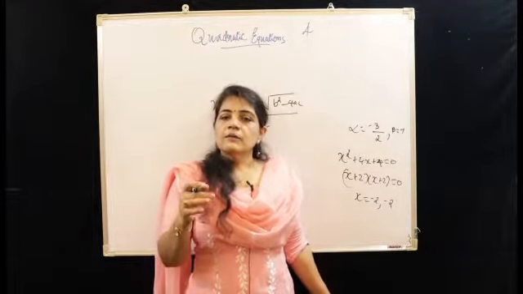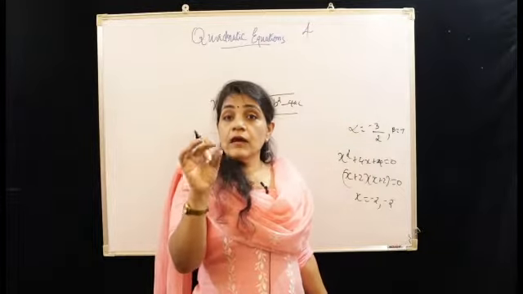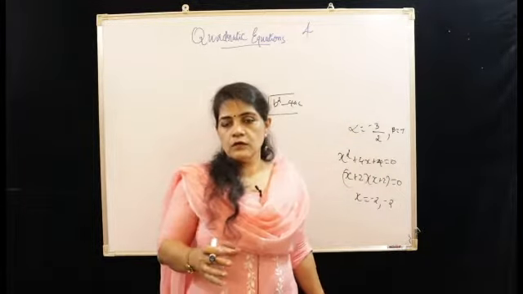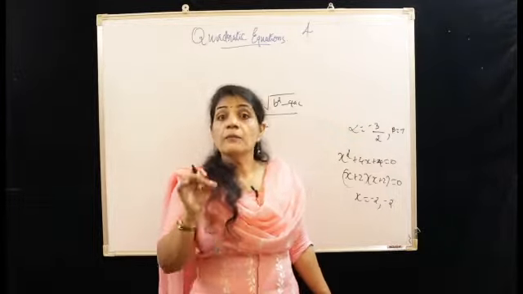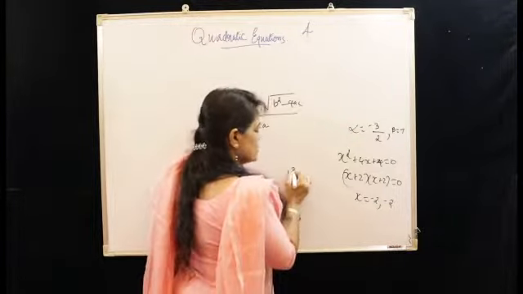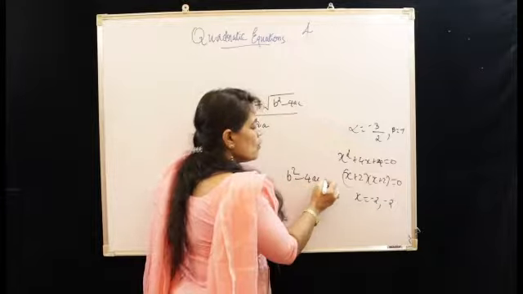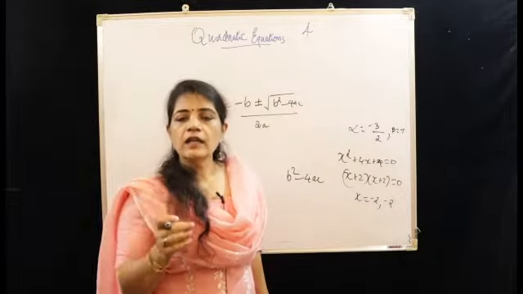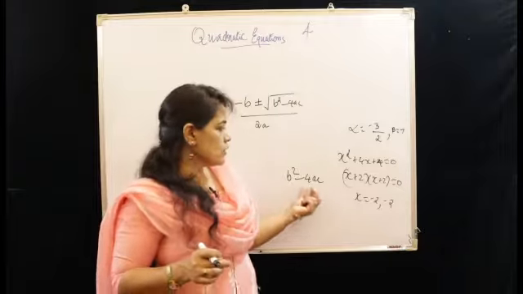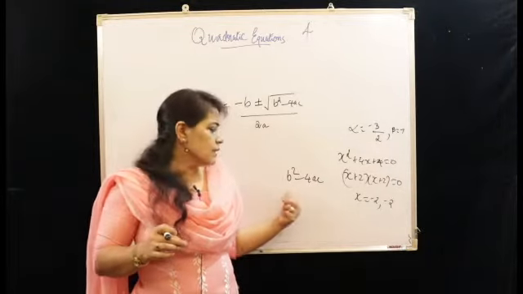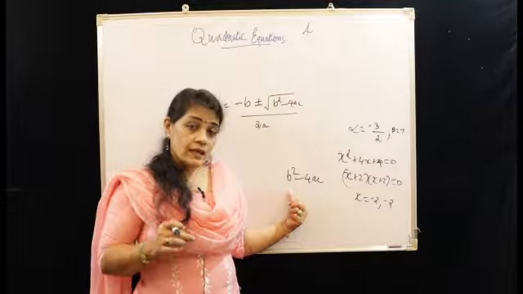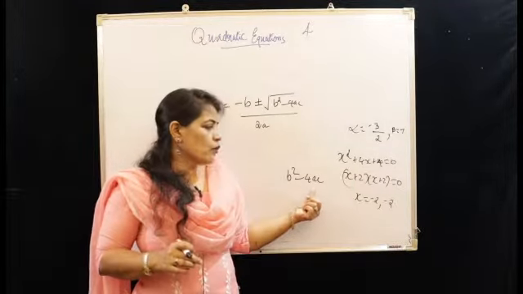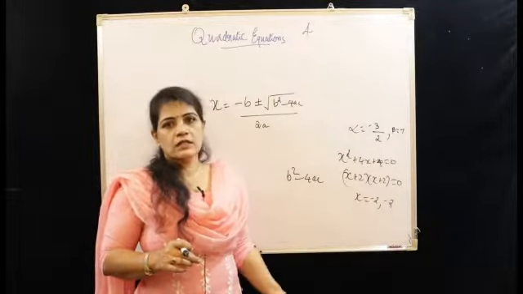See children, how can we say what will be the nature of the roots of the quadratic equation? For that, children, you just take b square minus 4ac. Whatever quadratic equation you are getting, find out b square minus 4ac. That means b is the coefficient of x, and 4 into a, the coefficient of x square, into c, the constant term.